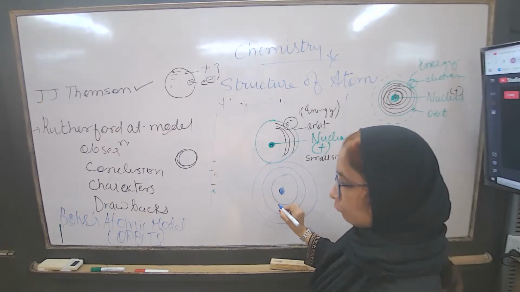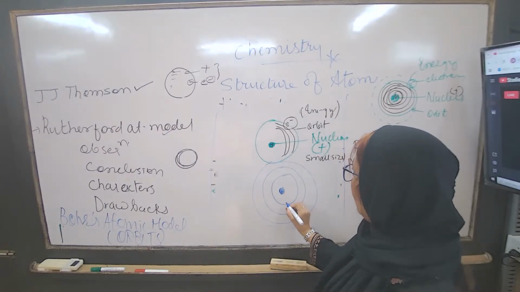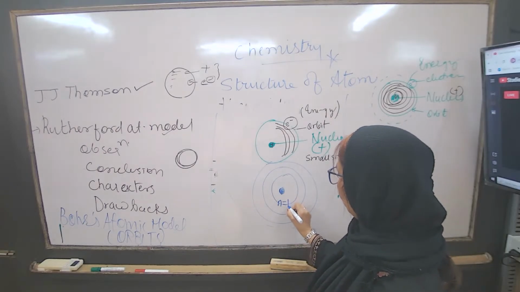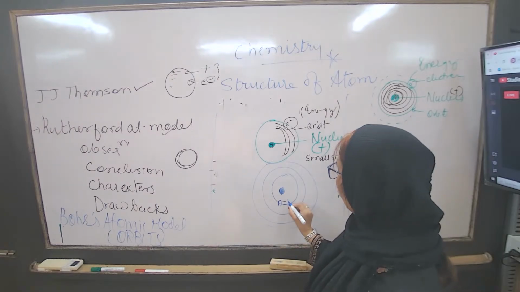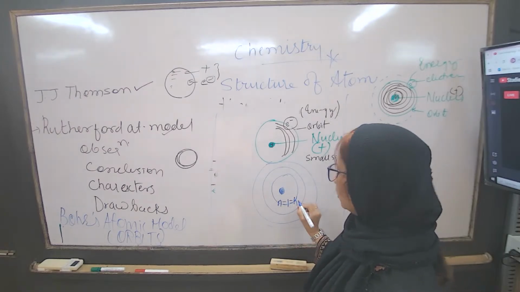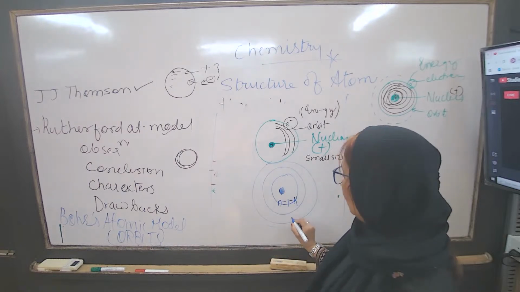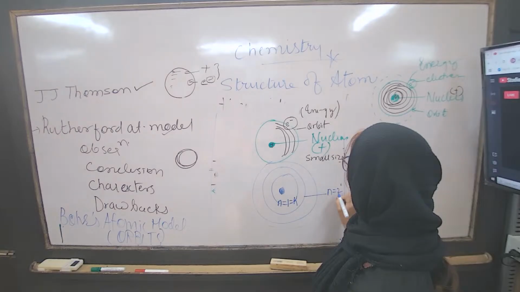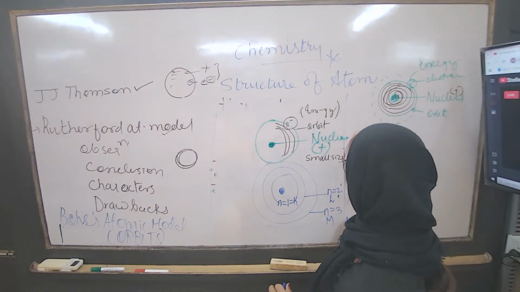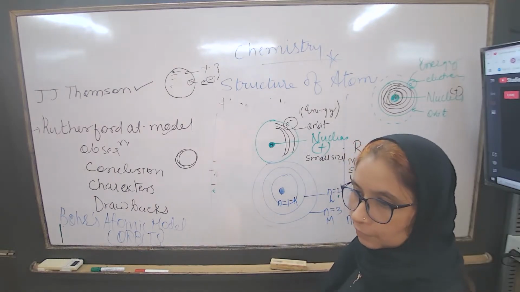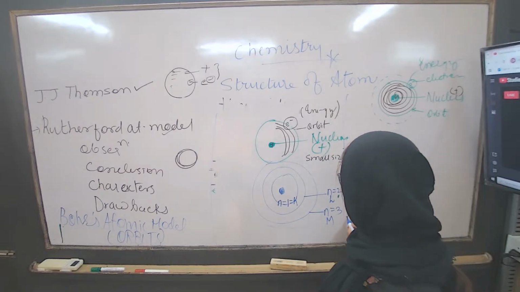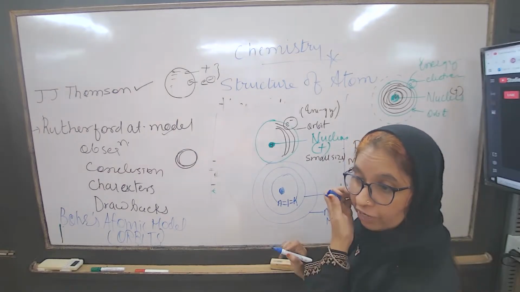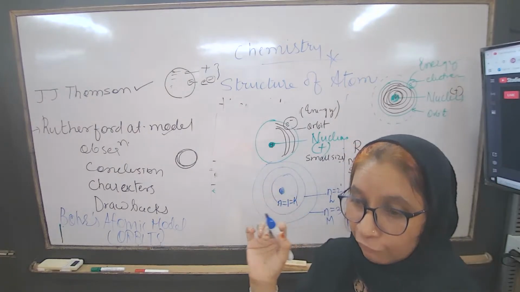Now from the nucleus, the first orbit where n is equal to 1, this orbit is known as K, represented as K. Next one where n is equal to 2 is L. And next one, n is equal to 3, it is M. K, L, M and N. It is given in your book, see, this is capital N. See, the figure is given there, circles.